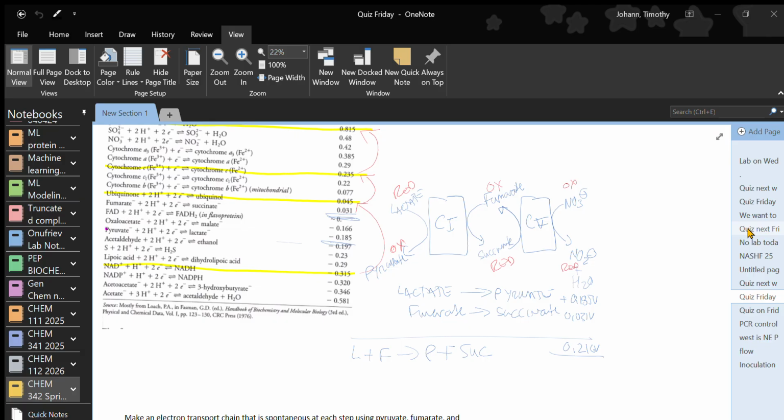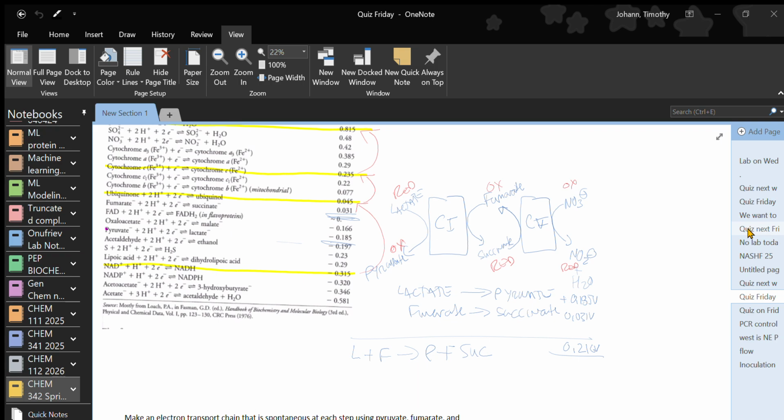I thought it would be lactate to pyruvate and then NO3 minus to NO2. What we've got here, the lactate to pyruvate, we're just calculating for this step, we're not doing the full reaction.